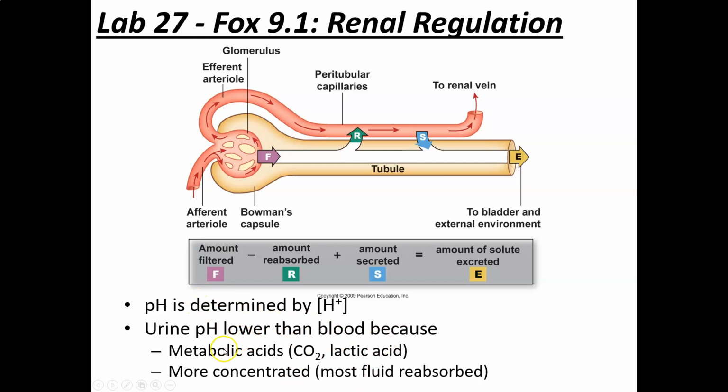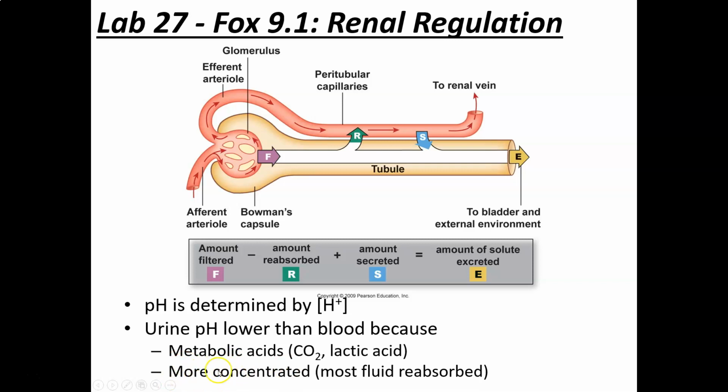And that could drop because of excessive CO2 or lactic acid, like if you just exercised or something. But typically it doesn't change appreciably during those things because of buffers and other ways we control that. Like if we make more CO2, we breathe out more CO2, typically.